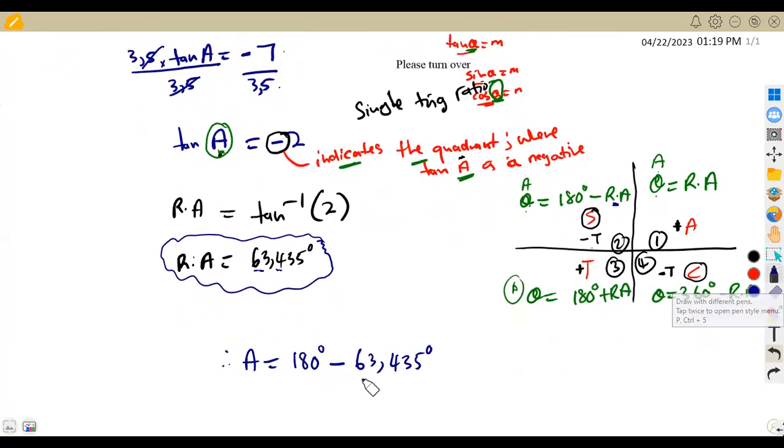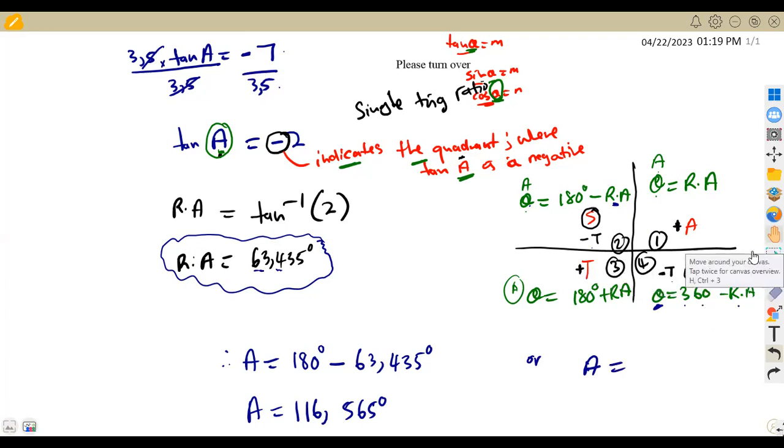You obtain the exact value or the actual angle, which is our A according to this question, which is going to give us 116,565 degrees, okay? Or we move on to another A. Remember, we said tan is also negative in the fourth quadrant. And in the fourth quadrant, theta, which is the actual angle, which is our A, is equal to 360 degrees minus the reference angle.